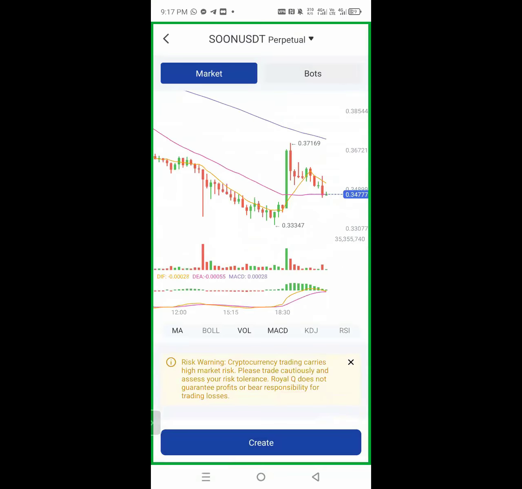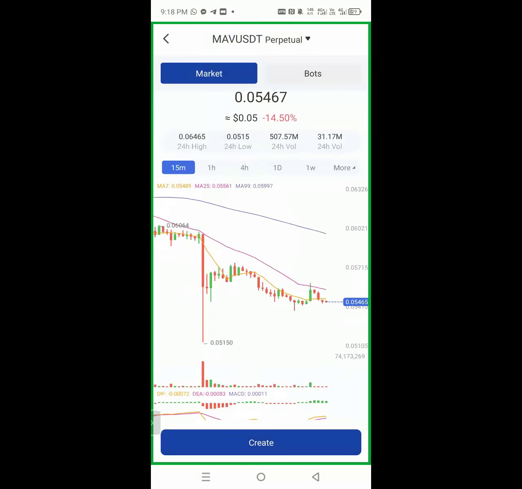Okay, so we can see that the golden cross has already happened. The golden cross has happened and it started going up, but it has started coming down. You understand? So it's not good for MACD.